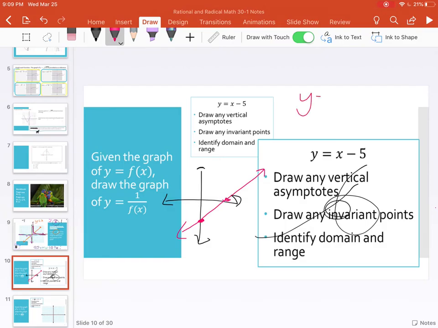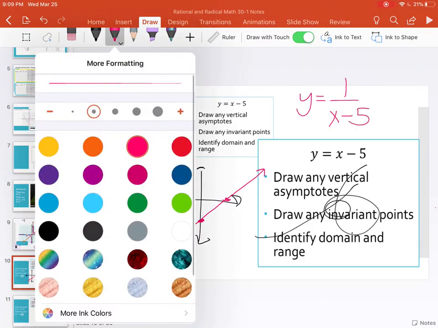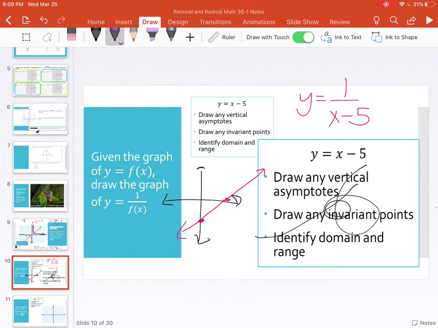Now on your calculator, try to graph 1 over x minus 5. If you graph 1 over x minus 5, you should notice a graph that looks something like this. I'm going to have that vertical asymptote where that x-intercept was, because x cannot equal 5. And then my graph will look something along these lines.